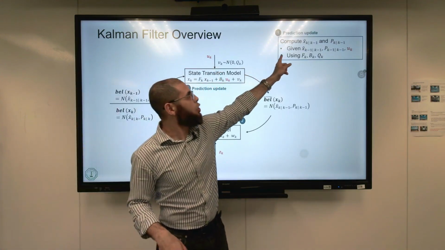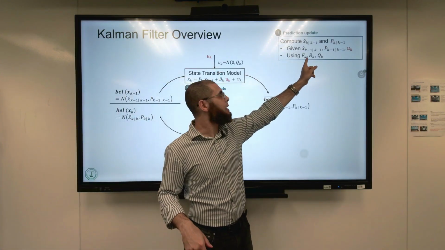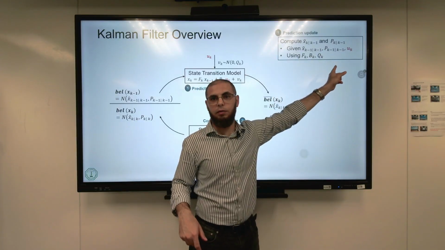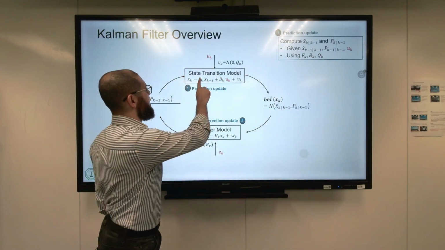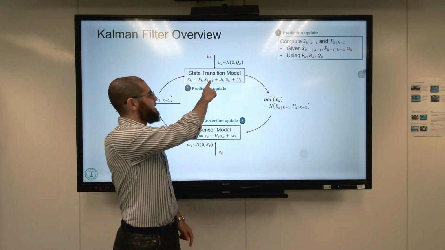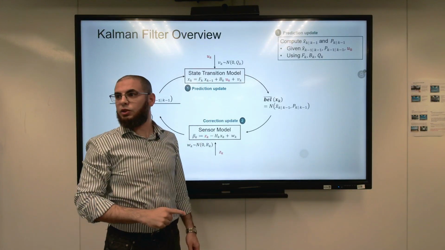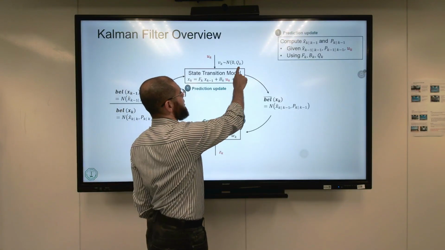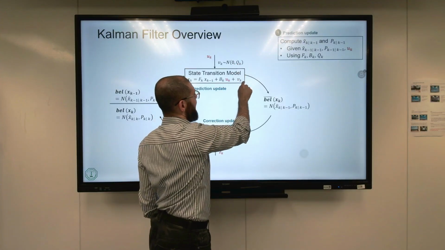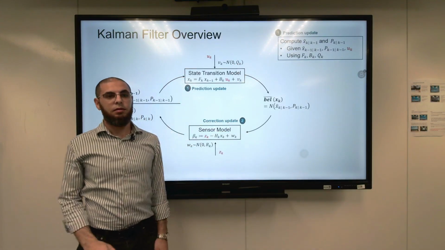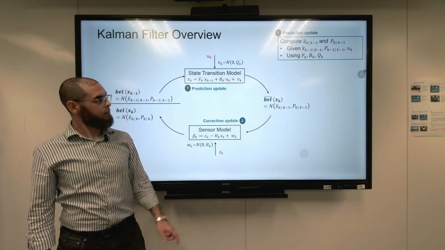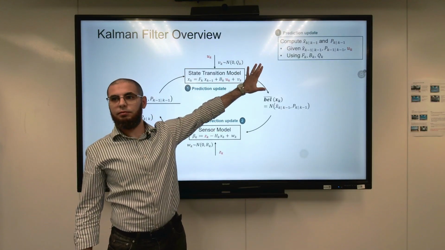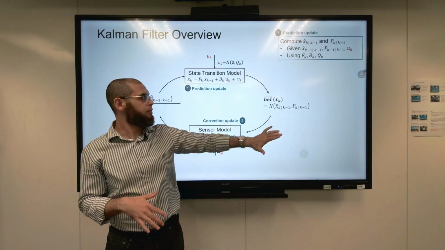Then you do the prediction update using the FK, BK, and QK. The FK and the BK are the matrices that appear in the state transition model, like the one that we just calculated in the two examples, and the QK is simply the covariance of this noise variable. That's what you do for the prediction update, as an input and output.